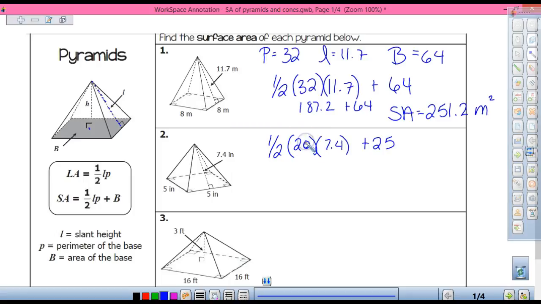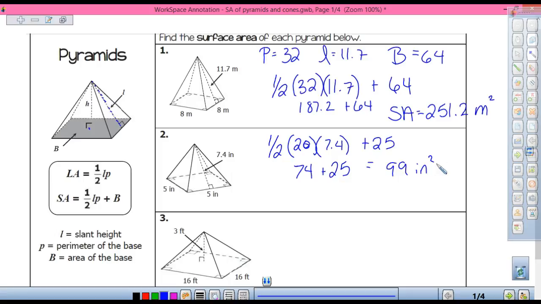So take your 20 times 7.4 and divide it by 2. We get 74, even. Plus our 25. Our area is 99 inches squared.